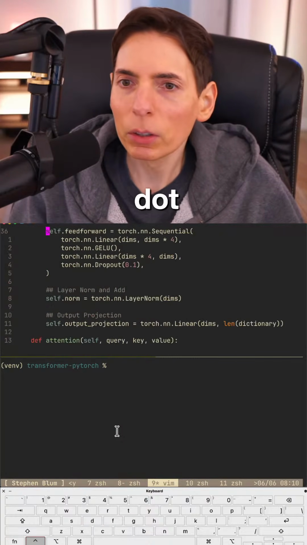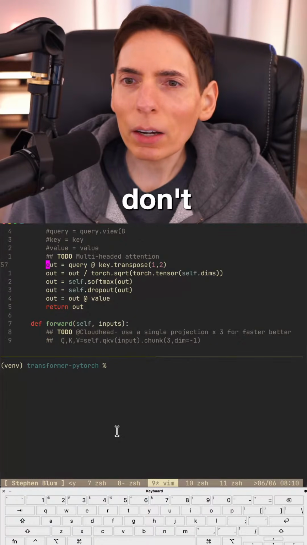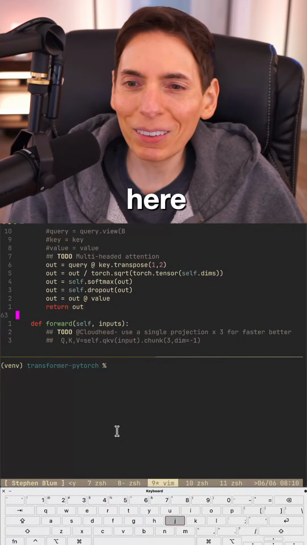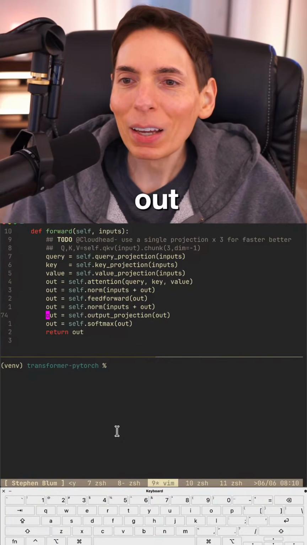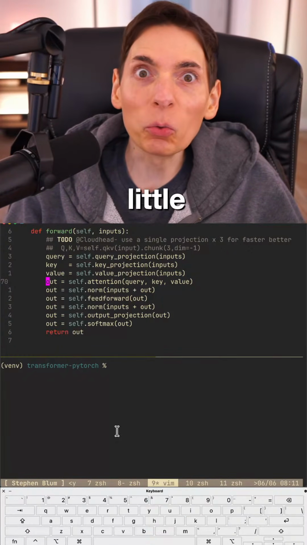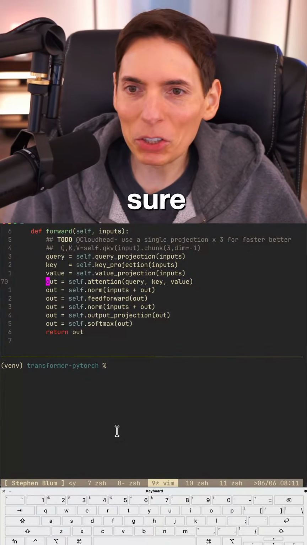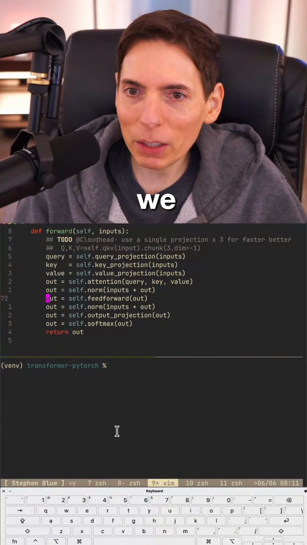Let's go back up to the top. Maybe the attention, I don't know. Somewhere around here, we'll figure it out. I know we're missing something because our outputs seem a little weird to me. They seem just a smidge weird. So I think we can figure it out.